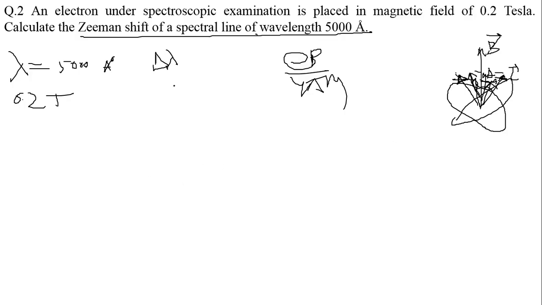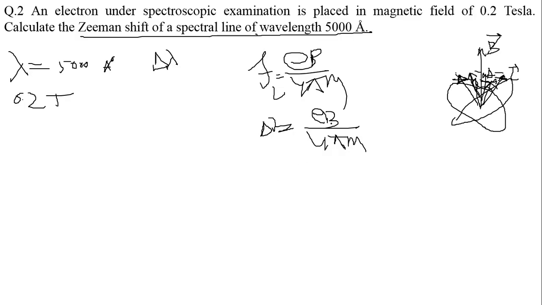So we had the frequency due to which it revolves, given by eB by 4 pi m, because before the magnetic field there was no frequency, that is, L was not precessing around the magnetic field. But when the magnetic field is applied, the frequency of precession is given by eB by 4 pi m.